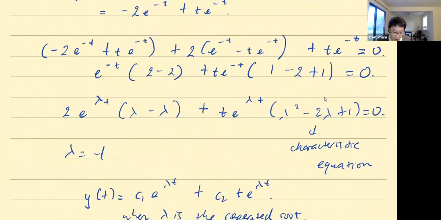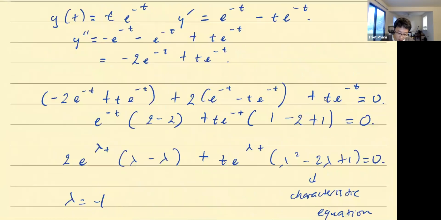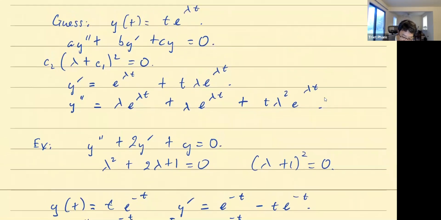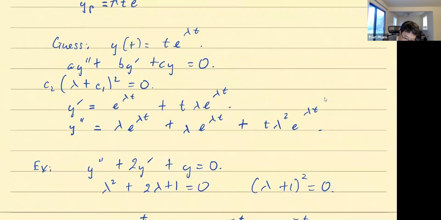First of all, you want to show abstractly that e to lambda t and t e to lambda t always work when you have a perfect square form for the characteristic equation. That's kind of what I was trying to point out when I differentiate.